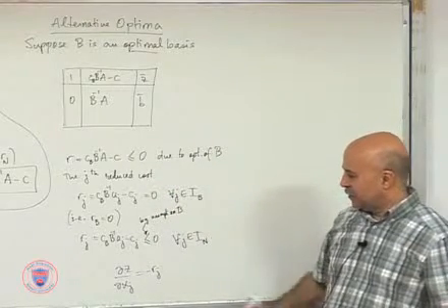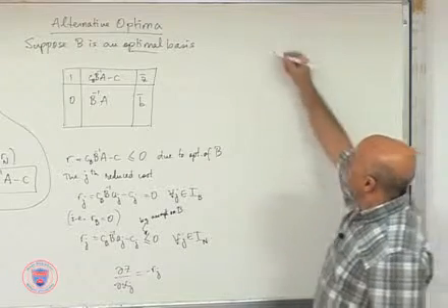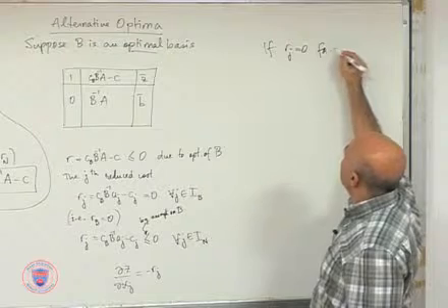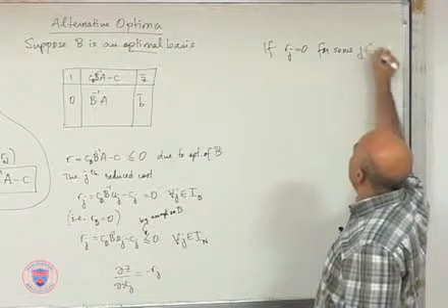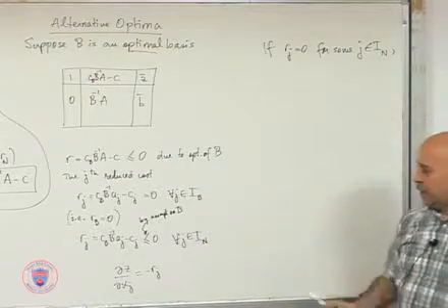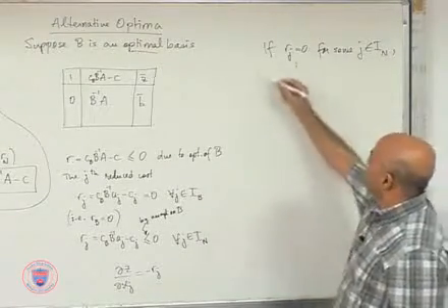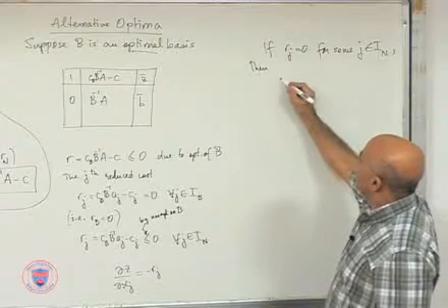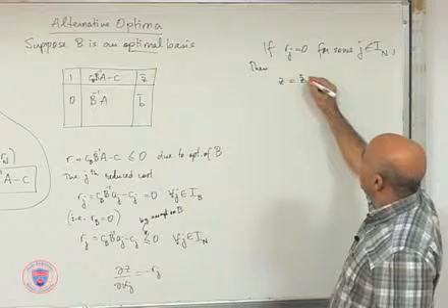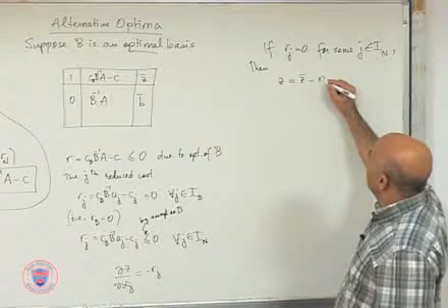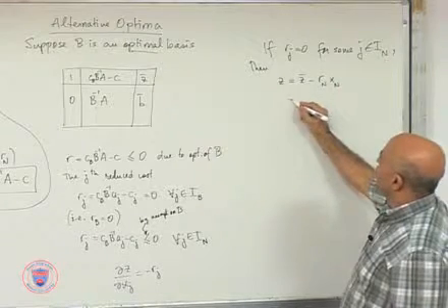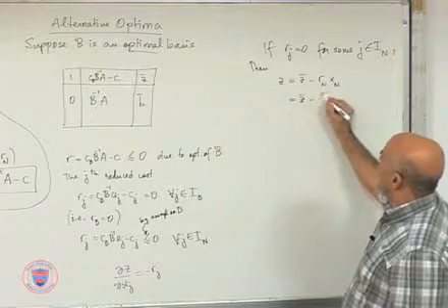Now, however, if it is the case that Rj equals 0 for some j in the non-basic part, then the rate of change is 0. Then z is defined by the current value minus Rn xn, which is equal to z bar minus the summation.